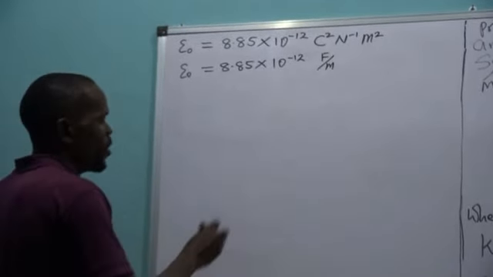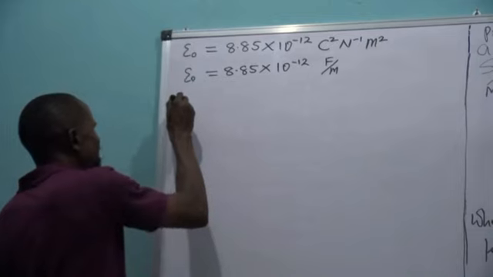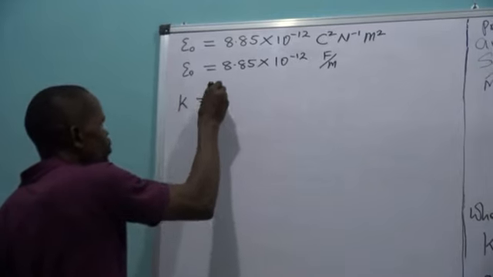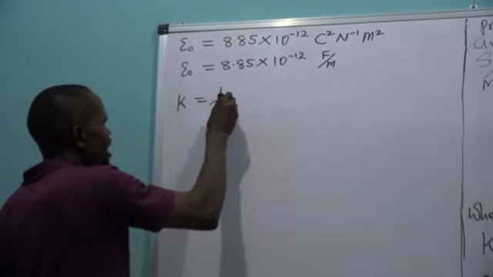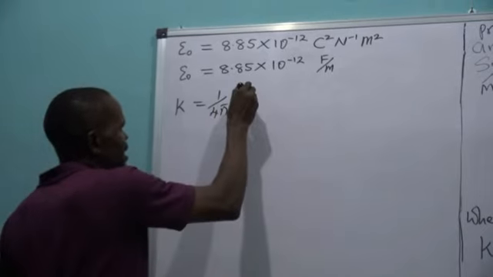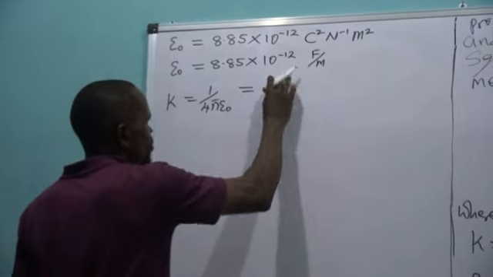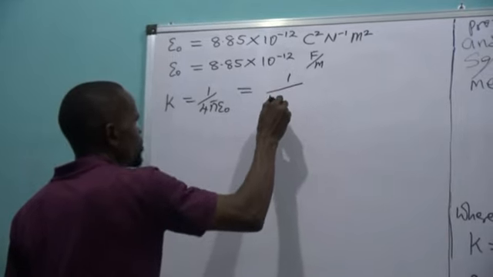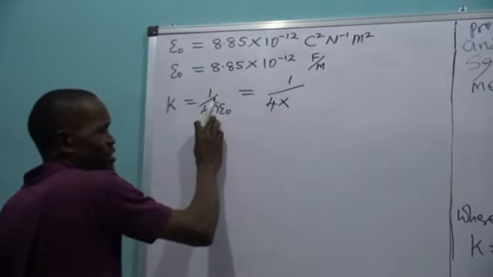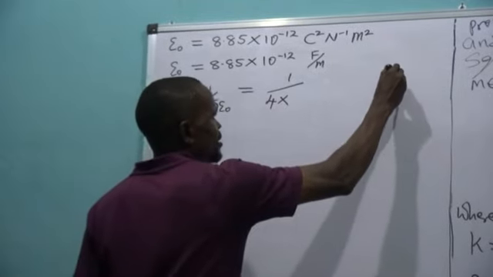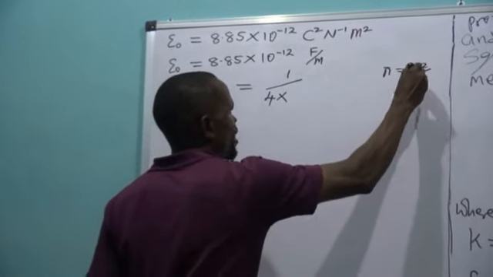Then now, I have that K is equal to 1 over 4 pi epsilon O, and this is equal to 1 over 4 times pi. Pi is a constant, which is 22 over 7.